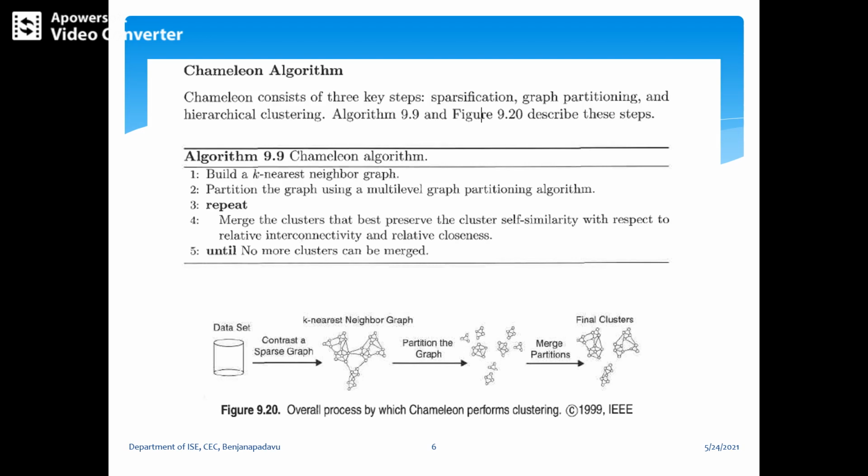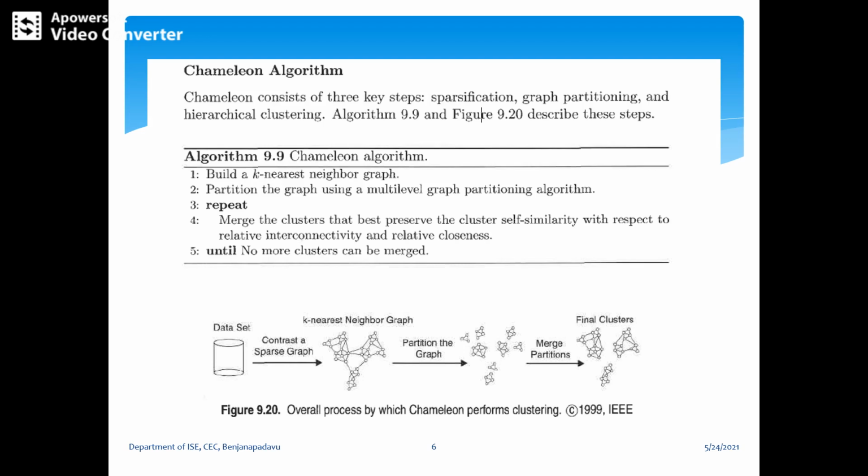Diagrammatically, we have the data set, construct a sparse graph, sparsification, kth nearest neighbor graph, partition the graph, merge the partitions, and finally the final clusters. This paper is from 1999 IEEE.